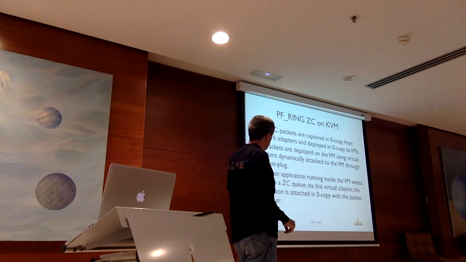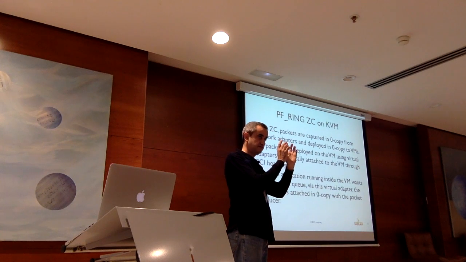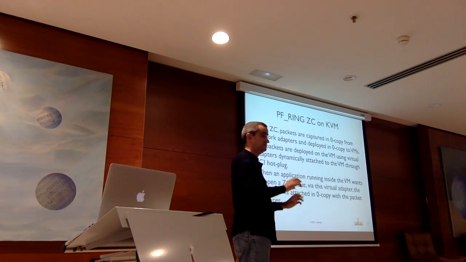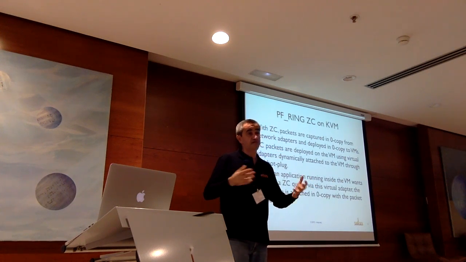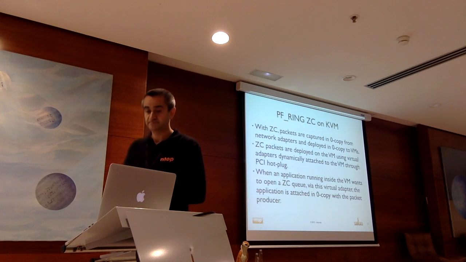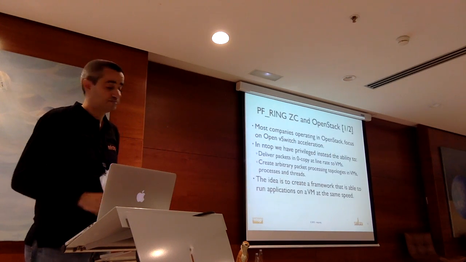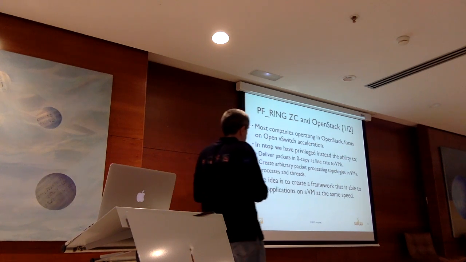So it means that we don't want to see any difference. Of course, just the device name would be different, and we want to have the same speed. So it means 10G to the virtual machine without any PCIe pass-through. So it means that the virtual machine will be very dynamic. And of course, we support OpenStack, because OpenStack is becoming pretty popular.